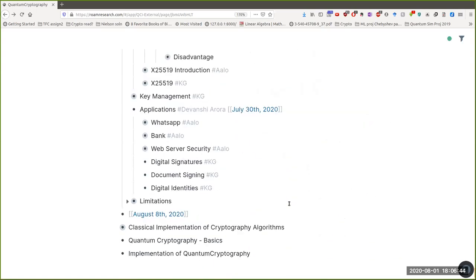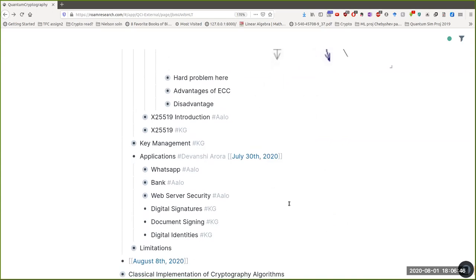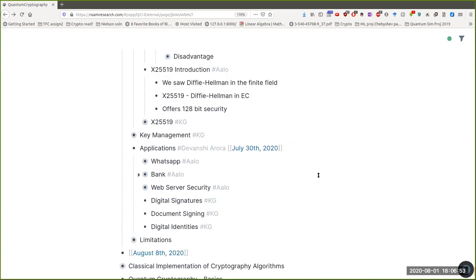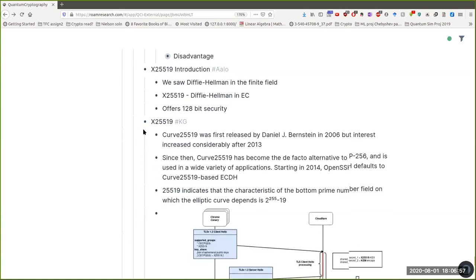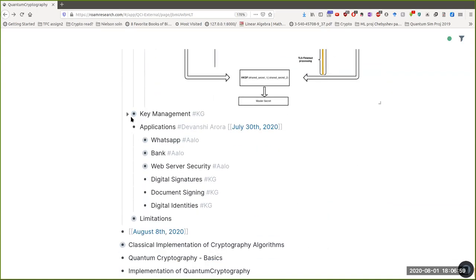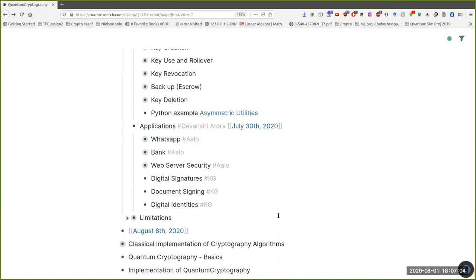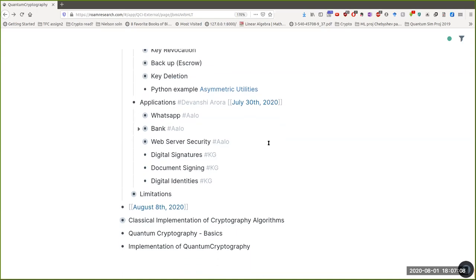I need not go into much detail because the elliptic curve is itself a subject. And then Curve25519 will be covered for key management. The latter half becomes more interesting and less theoretical, so I suppose everyone will enjoy. Correct.